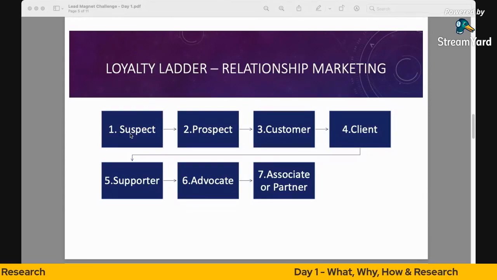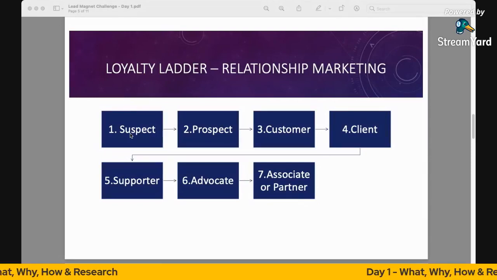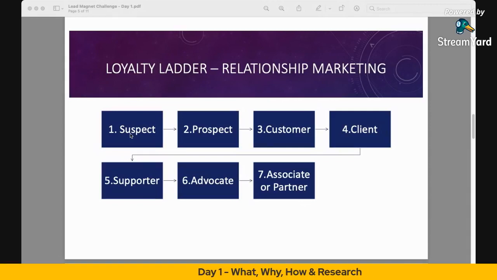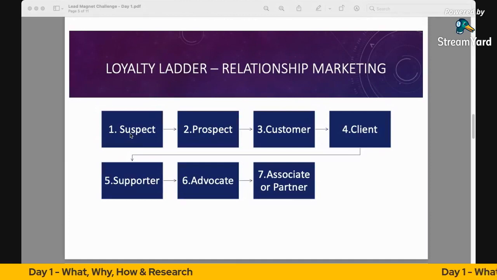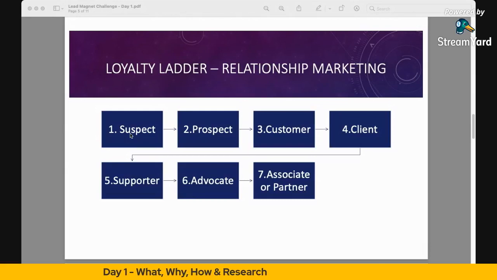So how do they become an advocate? They show the product which they bought from you and share it, saying, hey, you can buy it, or they buy it as a gift and give it to their friends and families, so that they can show, oh, I like this company because of the values they are hosting, so I feel that you should support them as well.